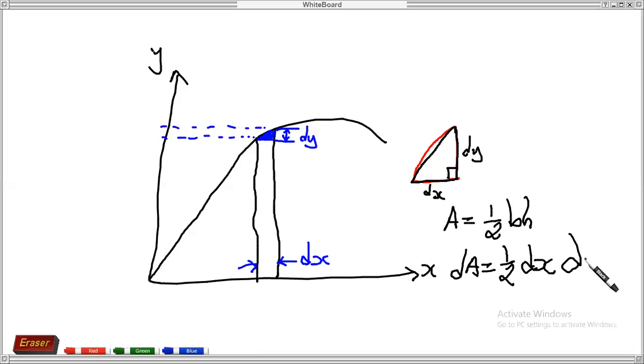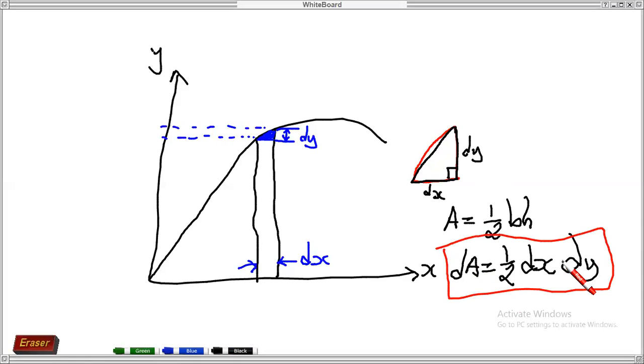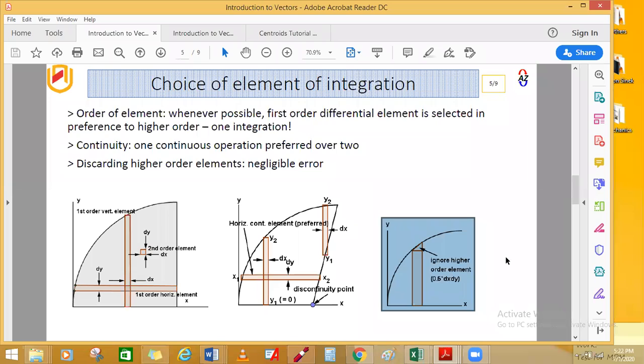So this equation itself is a high order differential element, because you have both dx and dy. That's what they are saying here, 0.5 dx dy, 0.5 times dx dy.